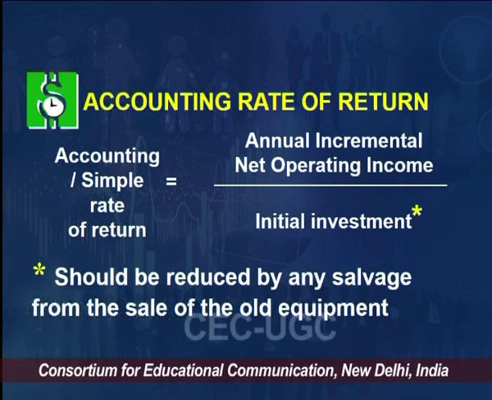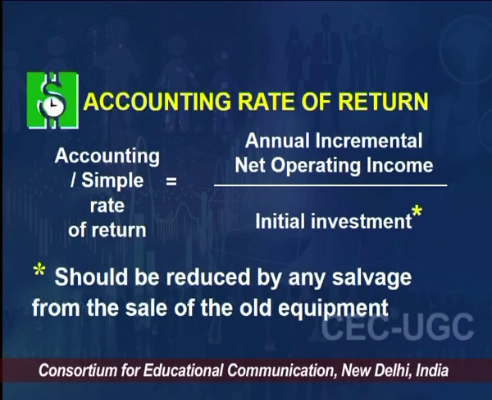So, friends, when I say annual incremental, what does it mean? Incremental means, let us say, I was earning 45,000 prior to the proposal I am discussing at this moment.